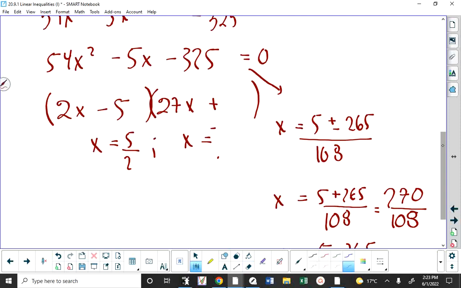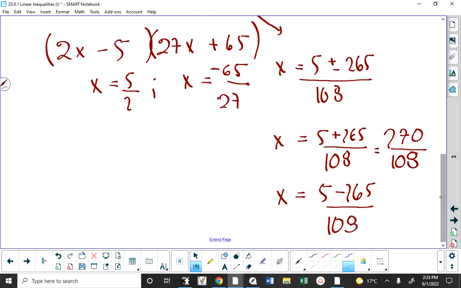So that 5 minus 265 all over 108 should be equal to negative 65 over 27. All joking aside, I'm not going to put those back in and find why, but that's what you would have to do. Yeah. Other questions?